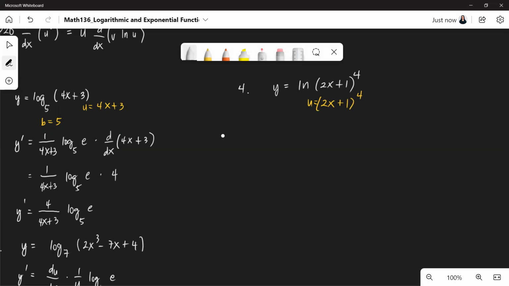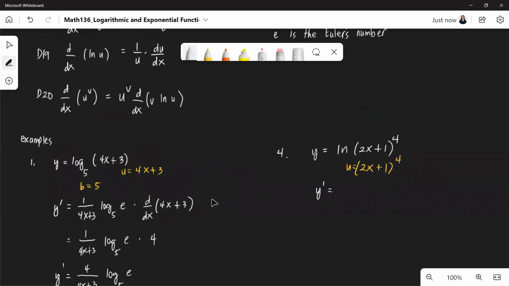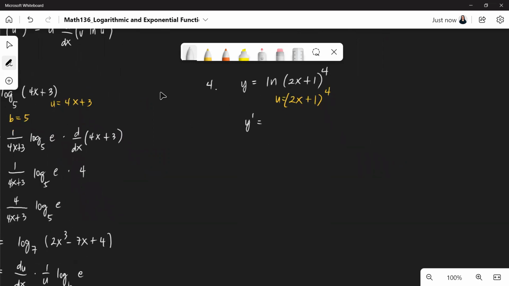So that when we solve for the derivative, following the D19 format, it's going to be 1 over u. So 1 over 2x plus 1 raised to the power of 4, and then multiply it with the derivative of u.